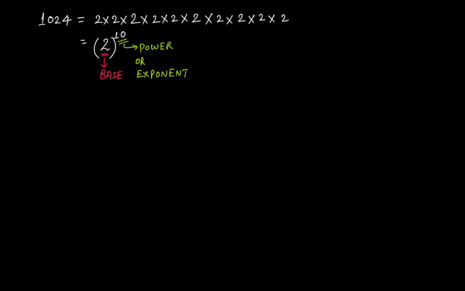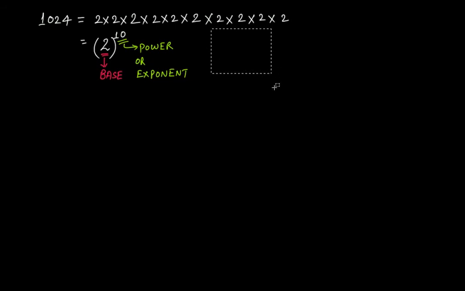And then imagine that somewhere you have to compare 2 raised to the power 10 and someone asks you 2 raised to the power 8, which is larger or smaller. Well, there are many different uses of exponents and powers. What we are discussing here is a very simple, very basic discussion. So I hope now you are clear with base and power or exponent, and let's talk a little more about this.